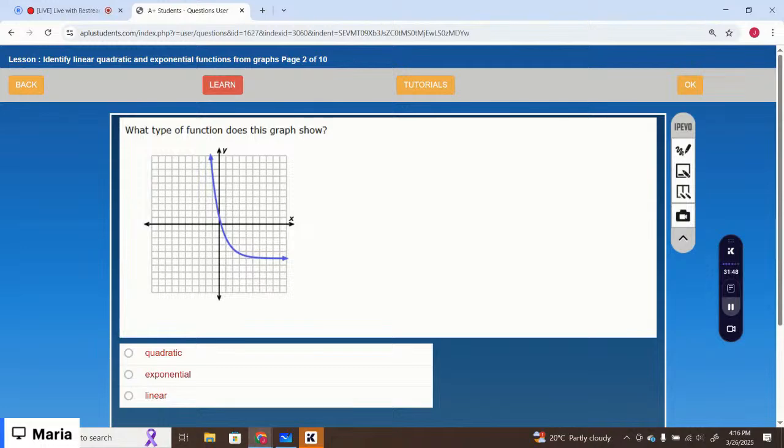What type of function does the graph show? That is the exponential function. Option number 2 is the correct option. That is exponential.